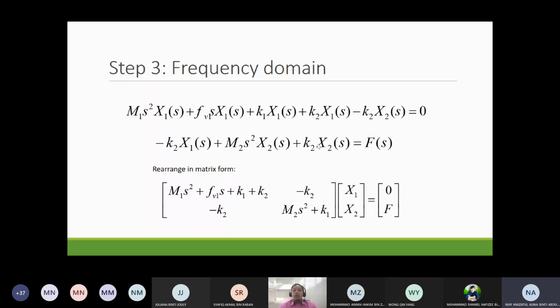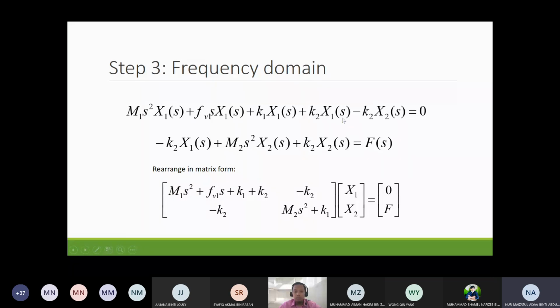When you have two equations, usually you will have to write in matrix form because we want to solve this simultaneously. You can also solve this manually without writing in matrix form, but writing in matrix form is easier. Later we will use a technique on how to solve this equation.